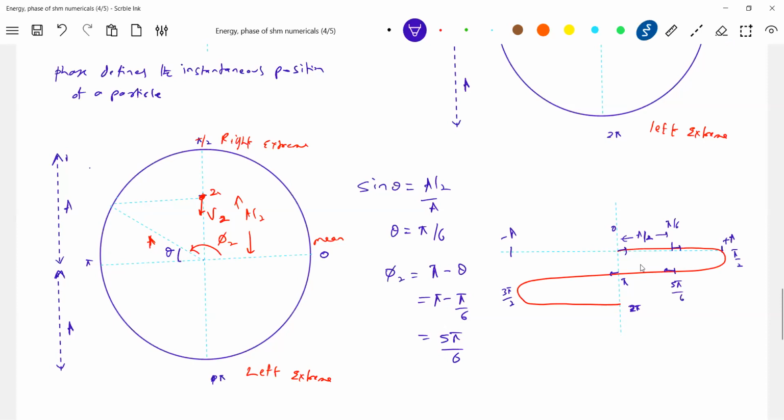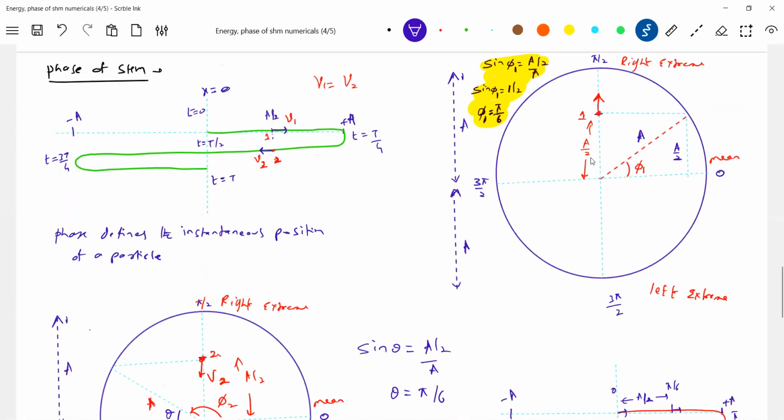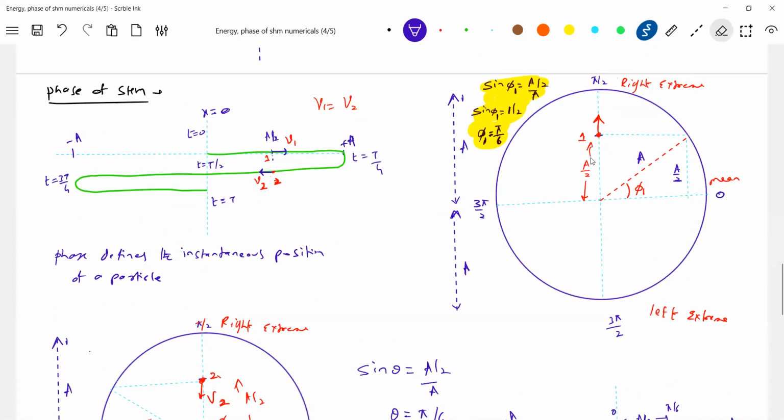This should be 3 pi by 2. Some small correction is there. It should have been like this. Then this will become pi. This will become 2 pi when it returns back.